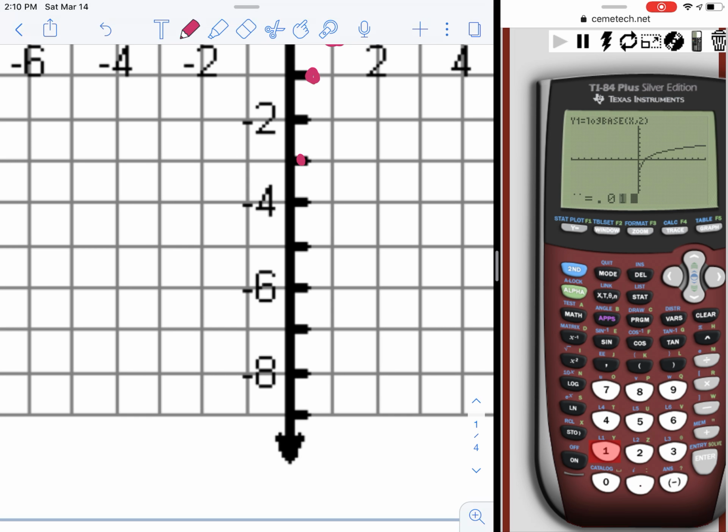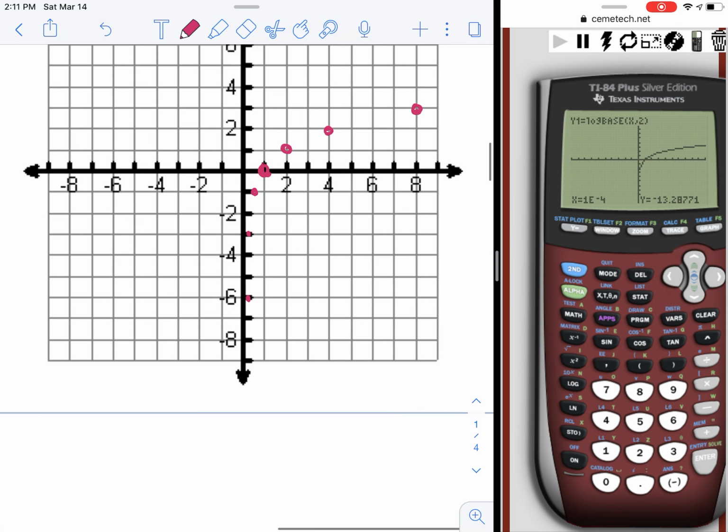If I hit 0.01, notice that it's at -6, somewhere down here, maybe a little bit further down, but you get the idea. If I hit 0.0001, notice that this keeps going lower and lower and lower, because what you are seeing, even though the graphing calculator is not showing it very well, is an asymptote.